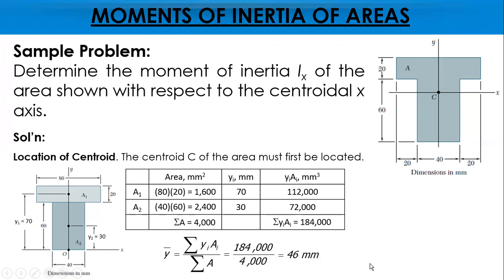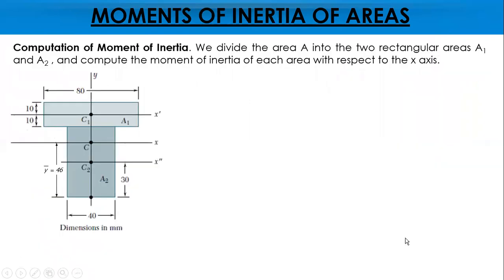It's 46 millimeters. Okay? So now we can compute for the moment of inertia. What we'll do is this: the centroid of the whole area will now be our arbitrary axis.